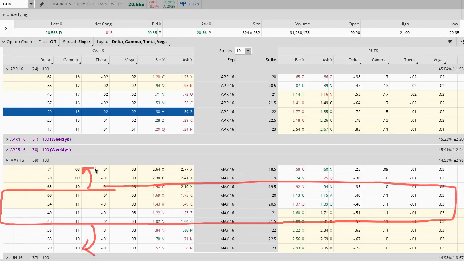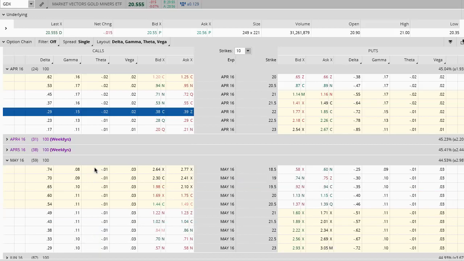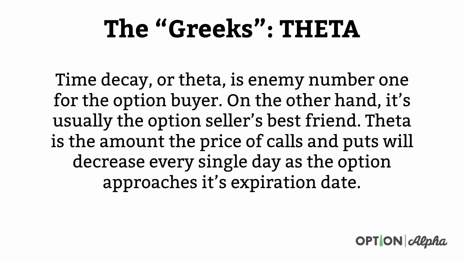That's because you're getting away from being either an intrinsic value or extrinsic value, right? So that's why gamma is lower at the further extremes, because it's not going to have as much of an impact on the actual options price. What's really going to have big impacts is when the option is trading right around its strike price. Okay, so hopefully that makes sense.